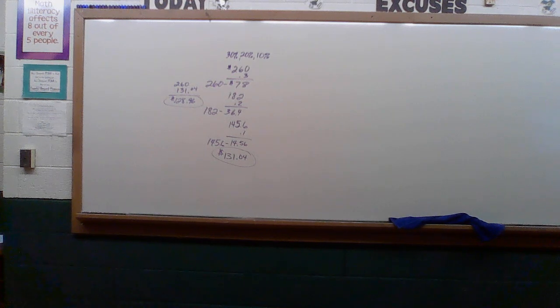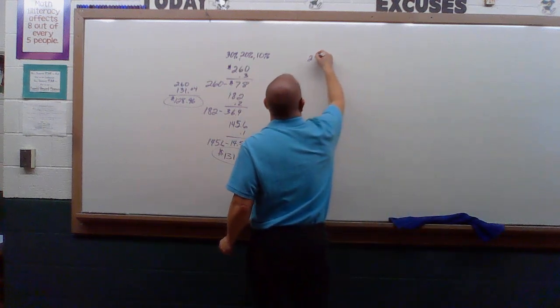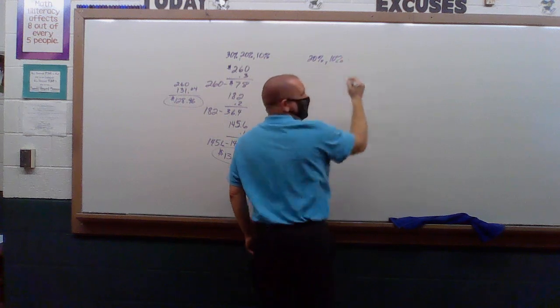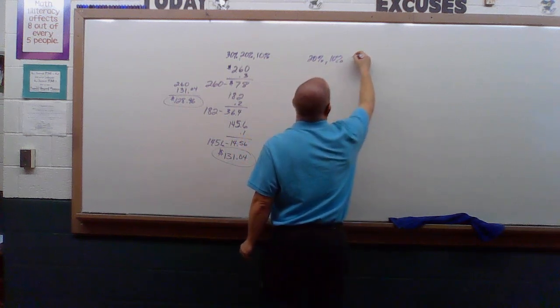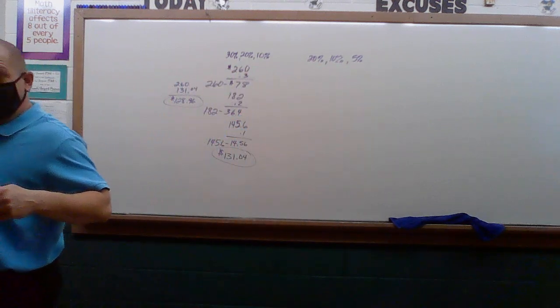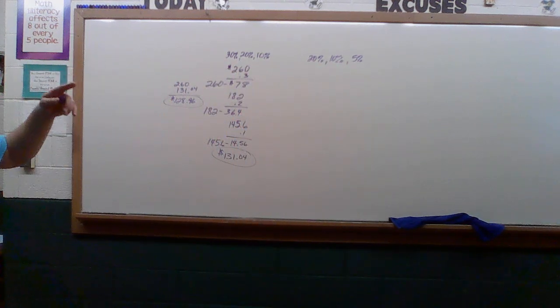Make sense? So we're going to try to figure out what our percent method is of taking the 3 numbers that they give us. So in our case, 20%, 10%, and then 5%. So it looks just like our other problem. Now we're going to try to find one rate that all those basically group up into.